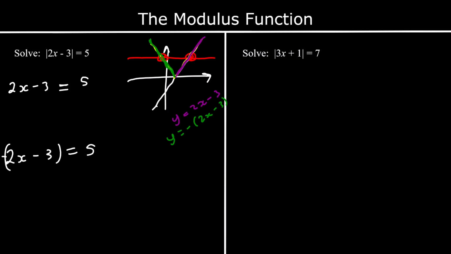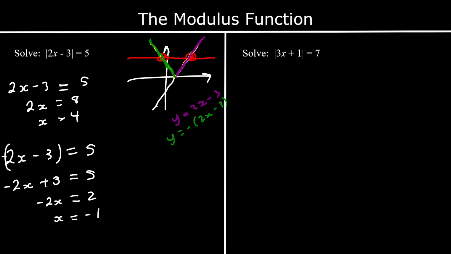So for the first one, plus 3, 2x equals 8, divide by 2, x is going to be 4 for the original one. And for the second one, we've got minus 2x plus 3 equals 5 by expanding the bracket. Take away 3 from both sides and divide by negative 2, x is negative 1.